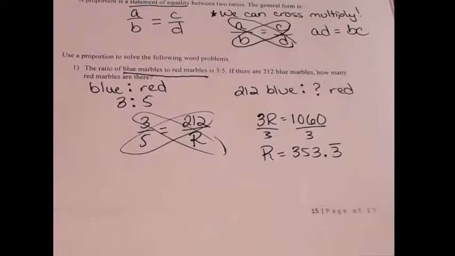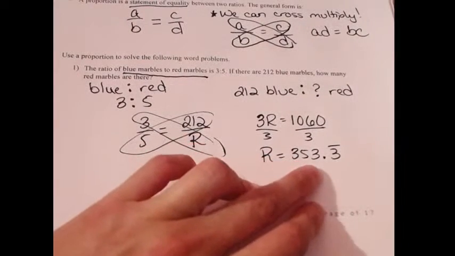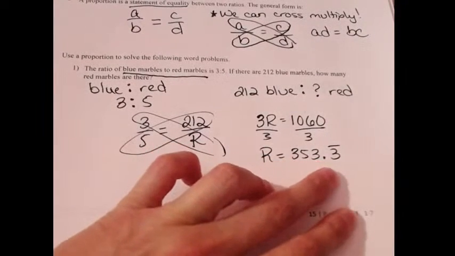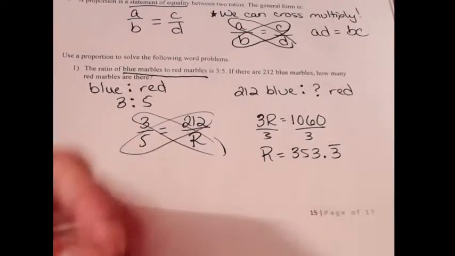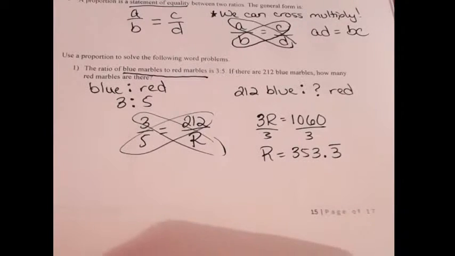So Kayla mentioned, in this case, you may just want to round it. I would not round up on any broken piece. I would simply cut off the change. So for instance, if this were 353.7, I still wouldn't round up because that 0.7 means you have a broken piece of marble, okay? And that broken piece of marble, you're not going to count as a whole marble.